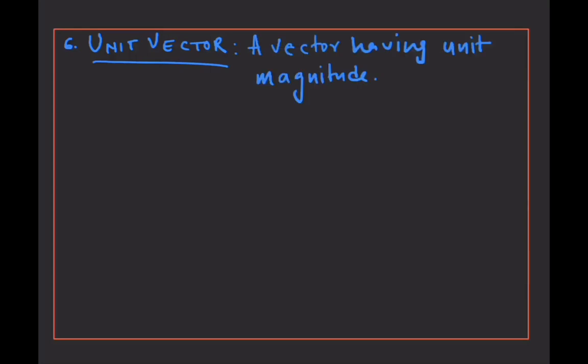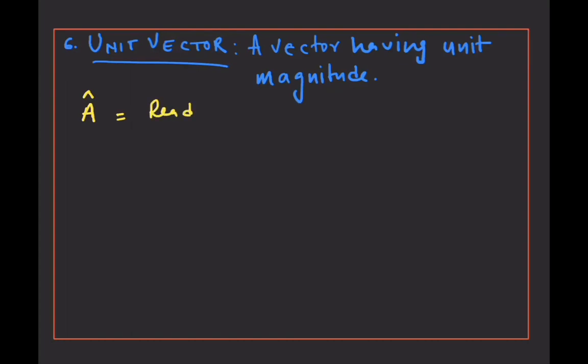Number 6 is unit vector. A vector having unit magnitude is known as unit vector. If A is a unit vector, we can show this by a cap.